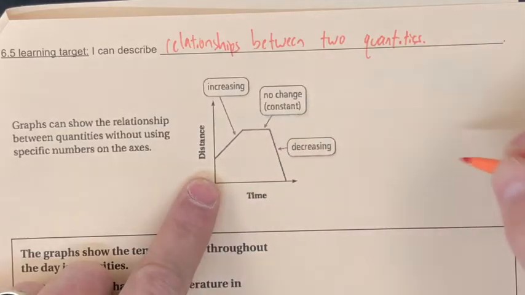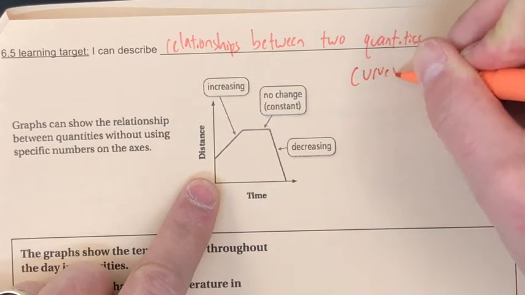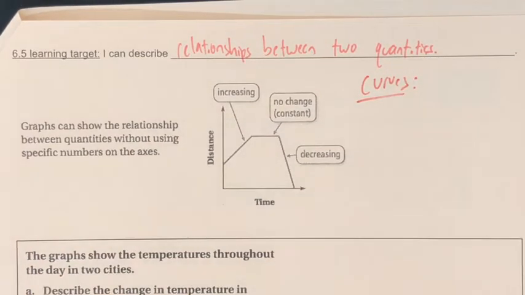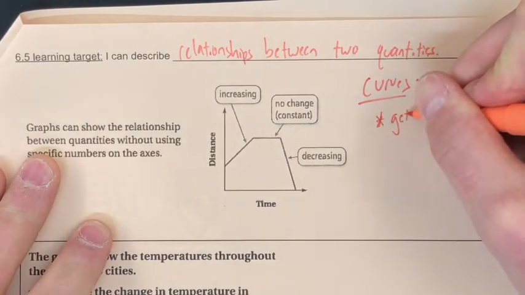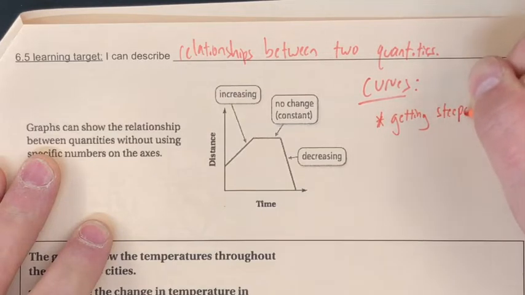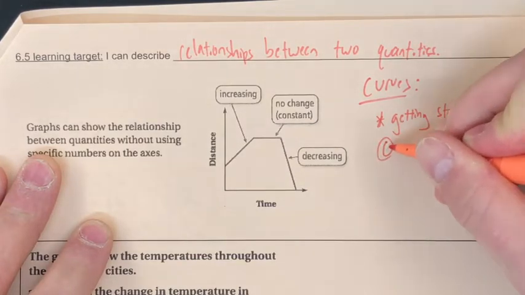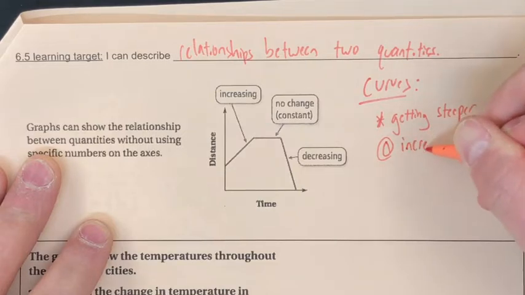Sometimes we also might see different curves. So let's write curves over here. And curves can mean a couple of different things. If your curve is getting steeper, then that means that something is happening at an increasing rate.